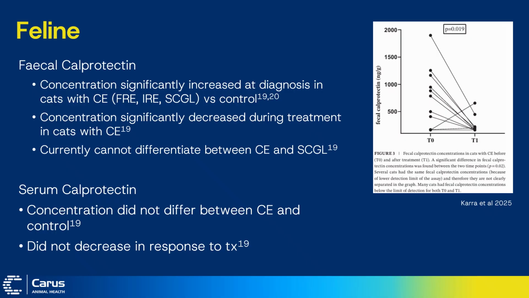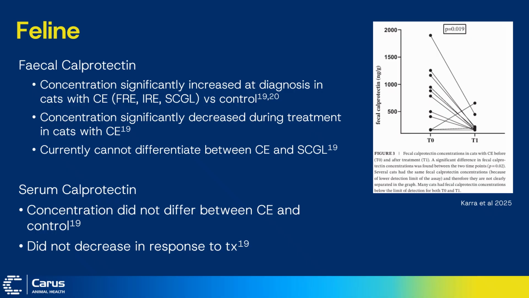This finding may be because chronic inflammatory enteropathy and small cell gastrointestinal lymphoma represent different stages of the same condition. And so because small cell gastrointestinal lymphoma is a disease process of chronic enteropathy, instead of being distinct diseases, we may not be able to differentiate them.